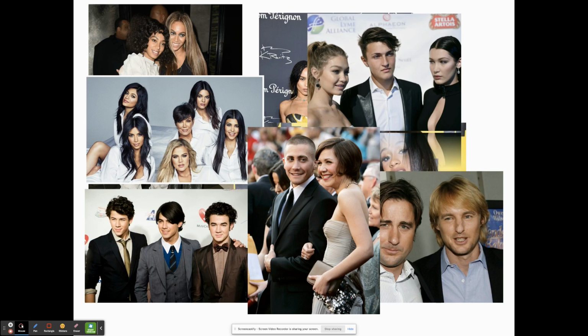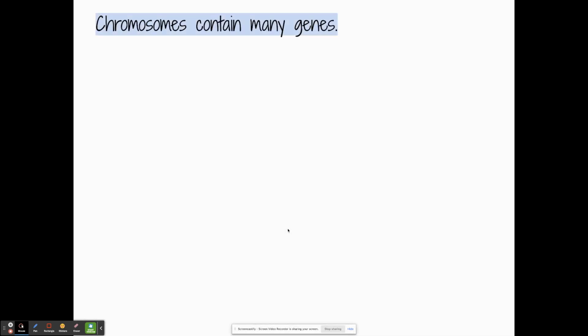Similarities and differences, okay. All of these siblings have some qualities where they look alike and some where they look different, and that's due to crossing over and genetic recombination.